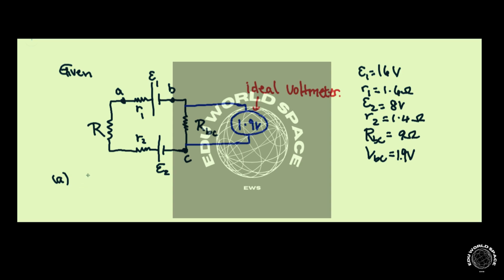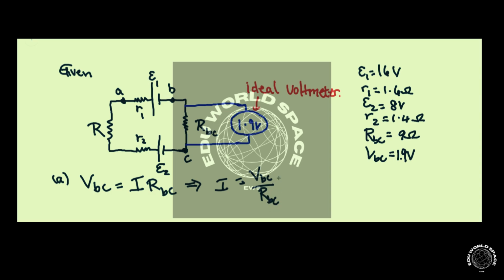So finding the current in the circuit, we can use this equation right away, that VBC is equal to I RBC, right? And from here, we can find that the current is VBC over RBC.